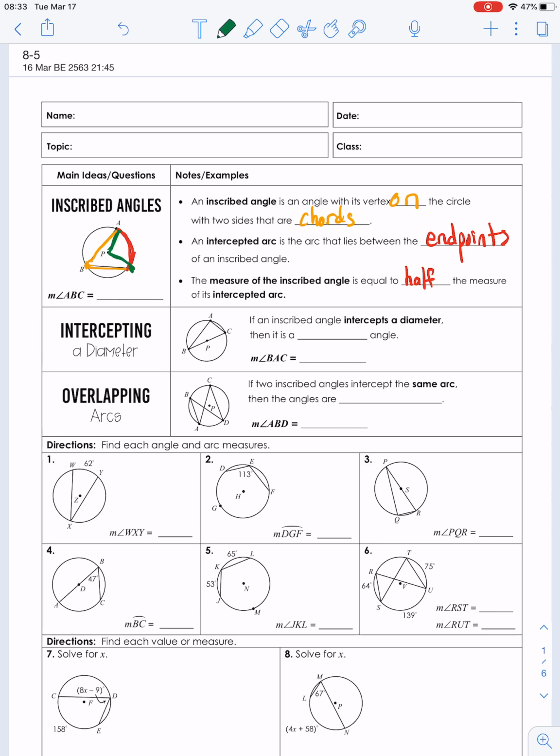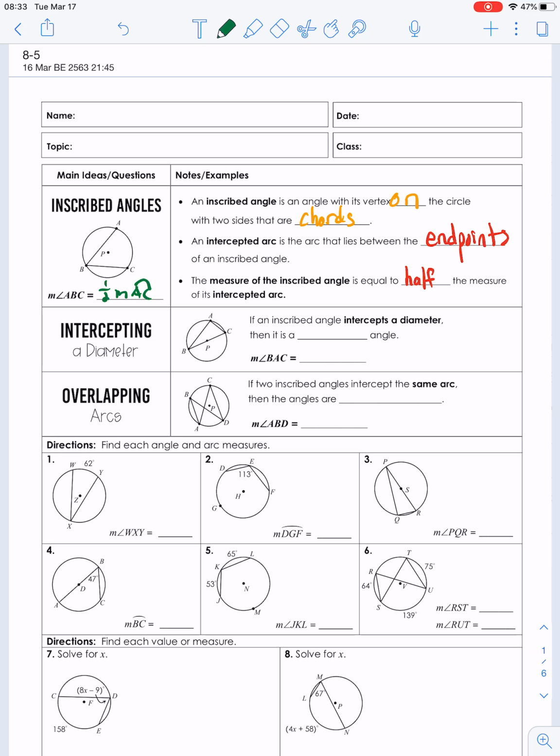So we write it as the measure of ABC is half of the measure of arc AC. There we go. So there is what an inscribed angle is. Its measure is half of the arc it is intercepting.